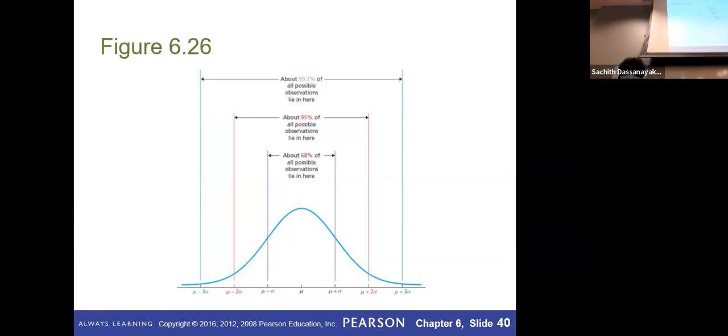Empirical rule, I think chapter 3. See, 99.7, almost all, but 0.3% is outside this 3 sigma, on both sides. A very small area, but outside the 3 standard deviations or 3 sigma.